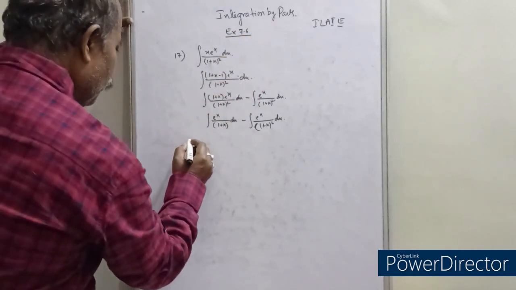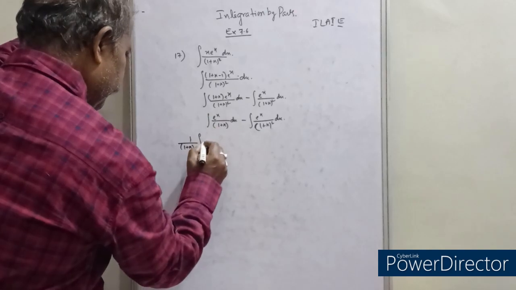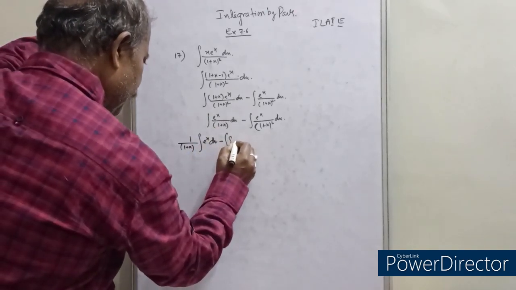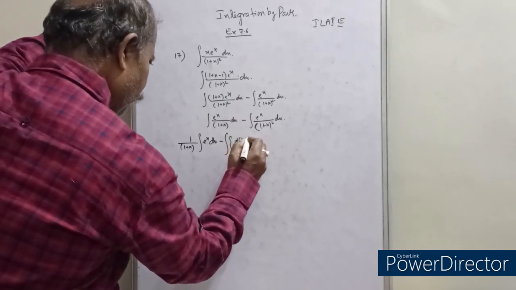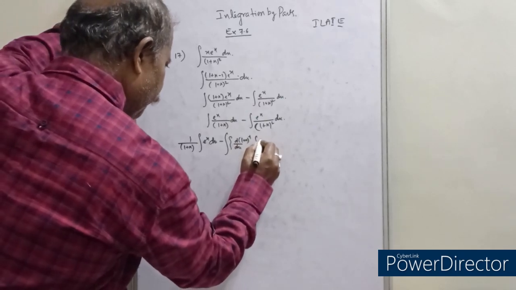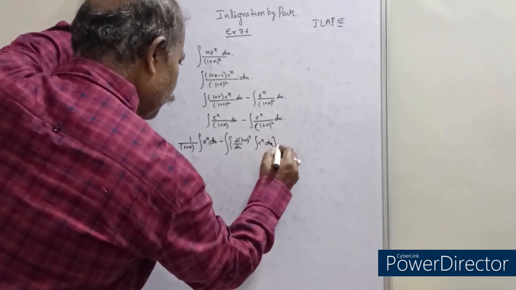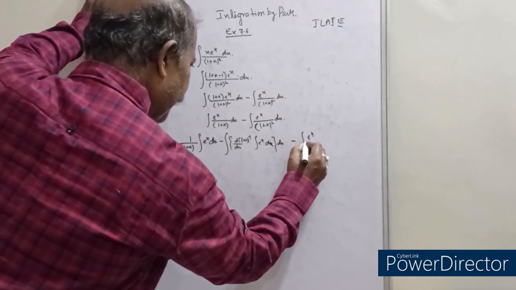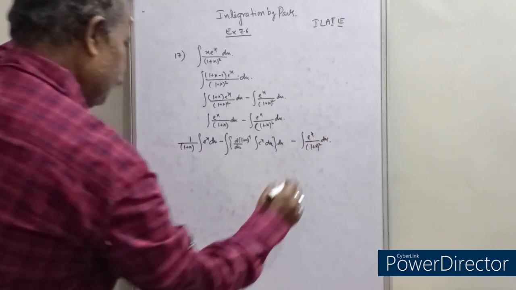So algebra will be your first function: 1 by 1 plus x, and e to the power of x dx, minus the differentiation of 1 plus x to the power of minus 1, integration of e to the power of x dx, and close dx. And this will remain as it is, e to the power of x by 1 plus x the whole square dx.